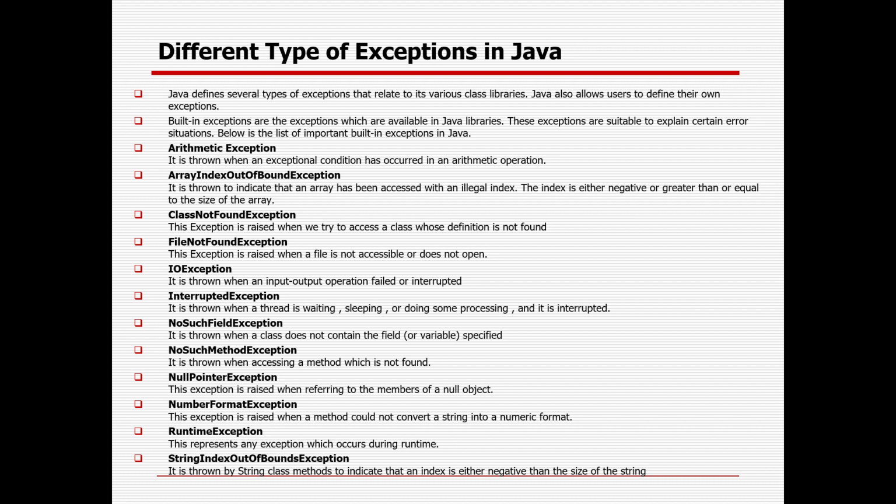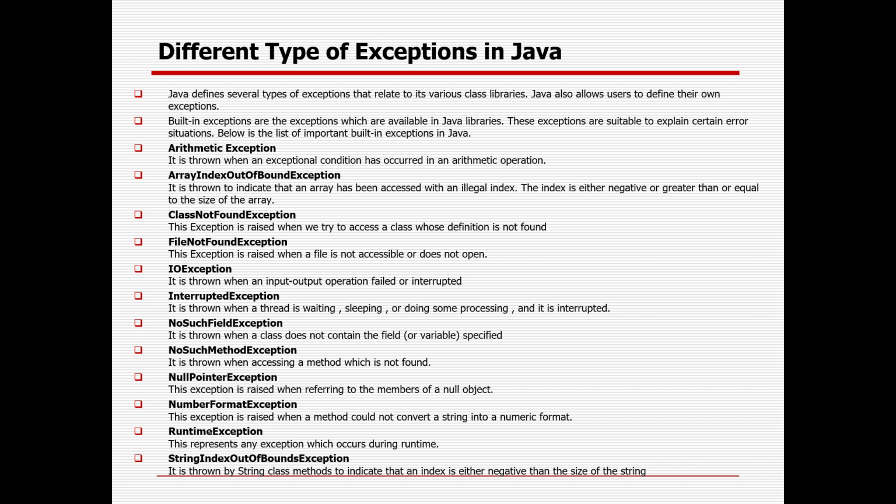But the main problem is that in case you have 1000 lines of code and an exception comes at your 500th line, and you are not handling the exception, your execution will stop at that point and the remaining lines of code will not be executed. That is the problem. So to solve this we need to handle the exception, so that the exception will be triggered and test cases might fail, but the remaining lines of code will be successful.